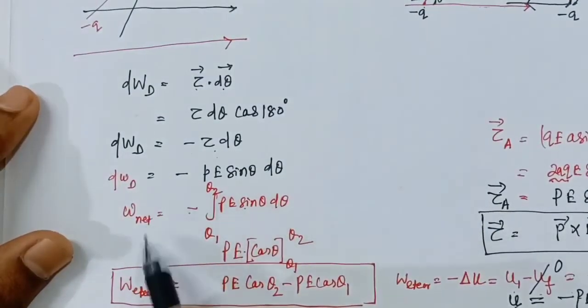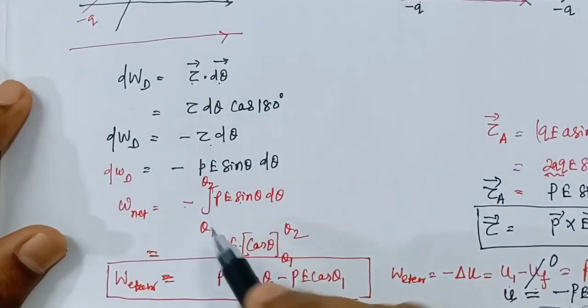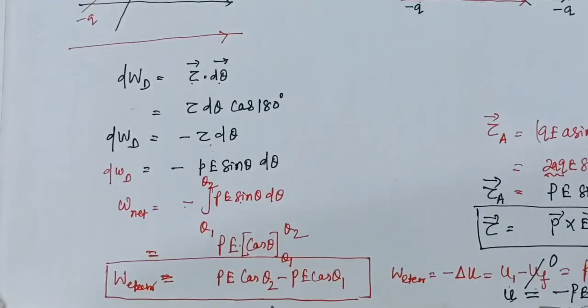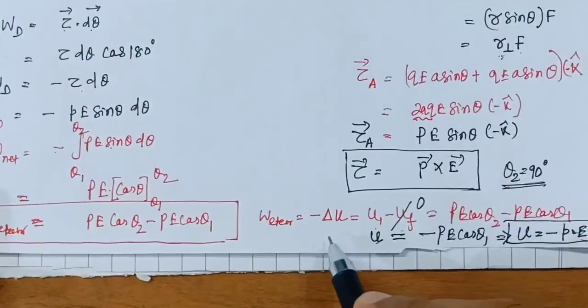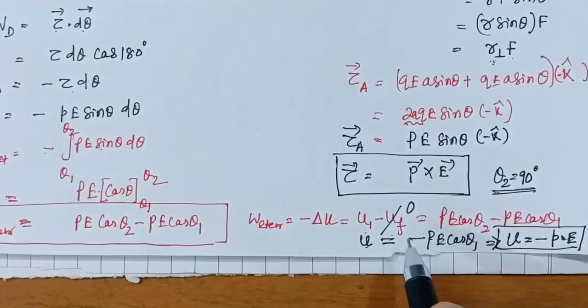If I go for the integration, I will get the net work done. Initially the dipole is at theta 1 and finally at theta 2, so pE cos theta 2 minus pE cos theta 1. This is the work done. And I know the work done due to electrostatic force is negative of the change in potential energy, so U initial minus U final.